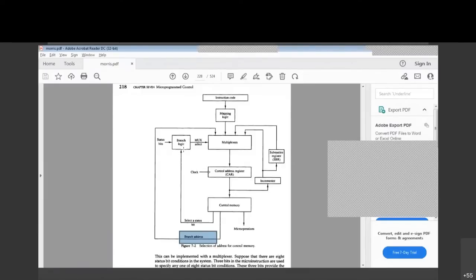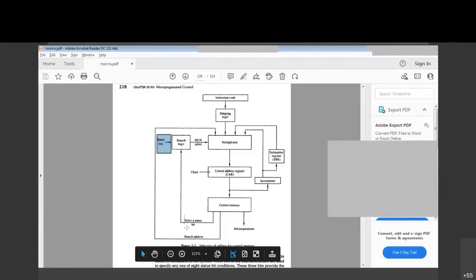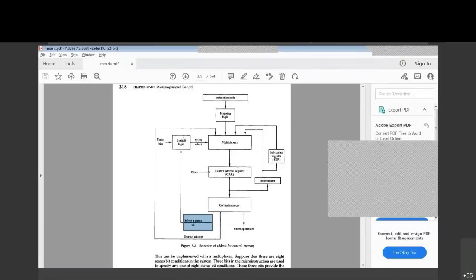So look over here. Here you have status bits. From the control memory in the instruction it would be mentioned कि आपके instruction, I'll be teaching you, the next topic is instruction format only, right? So in that we'll be seeing that in the format itself, for branching and condition checking, there are bits allocated, right?